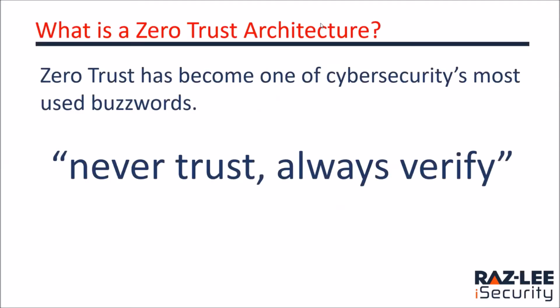So let's start. Zero trust is an architecture and has become one of the most used buzzwords. But what's the real meaning behind it? There is a concept that is really powerful: never trust, always verify.